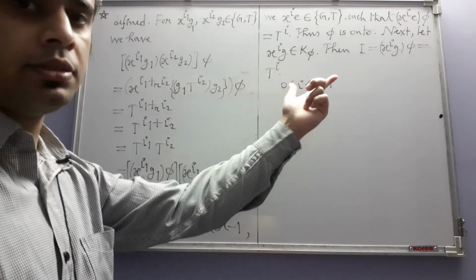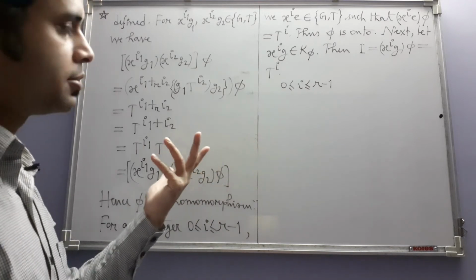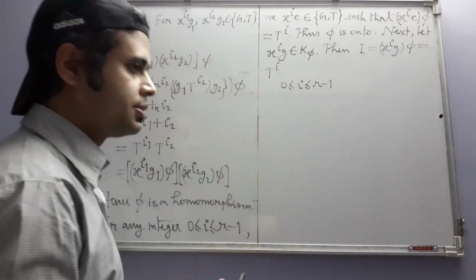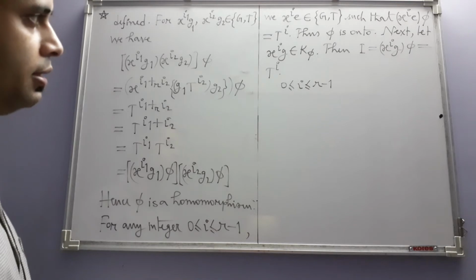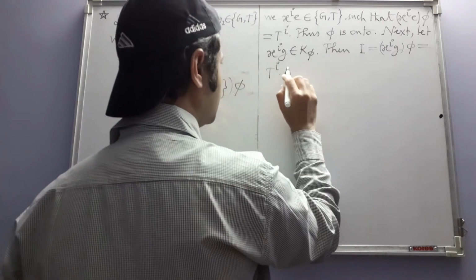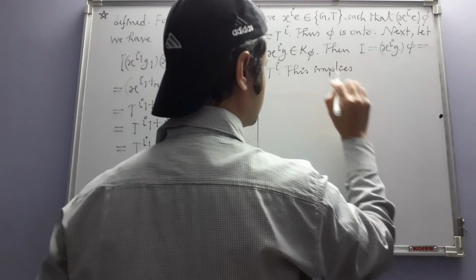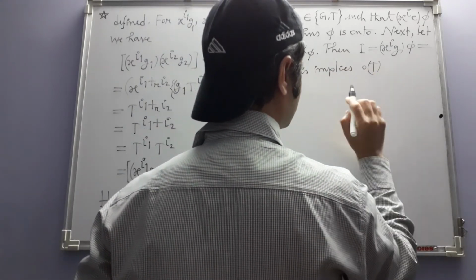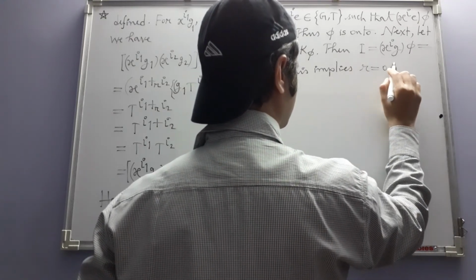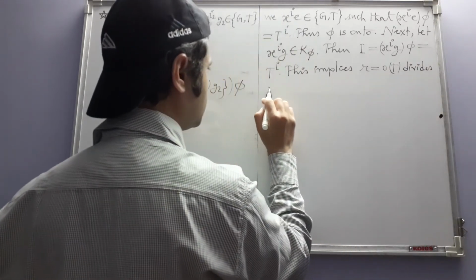Now look at this equation. T to the power i is identity. So from a previous result which we have used many times by now, the order of t divides i, and the order of t is r. So we write that. This implies r, equal to order of t, divides i.